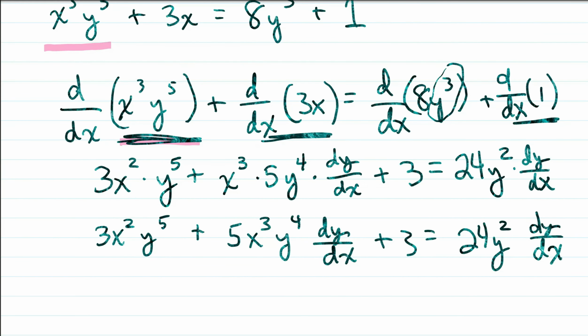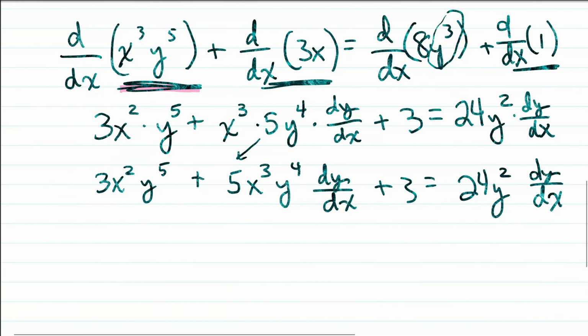Okay, so now I just rewrote that line above without the dots, and I put the 5 to the front of everything there. So just be a little bit careful here because things get a little messy with the algebra. So now all we want to do is put the dy dx's on one side and everything else on the other side.